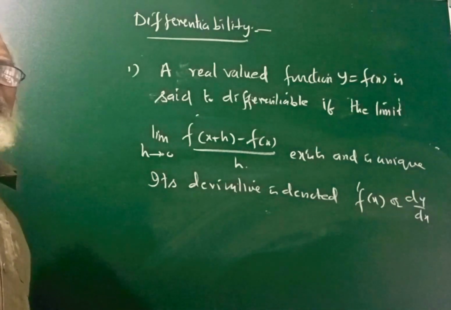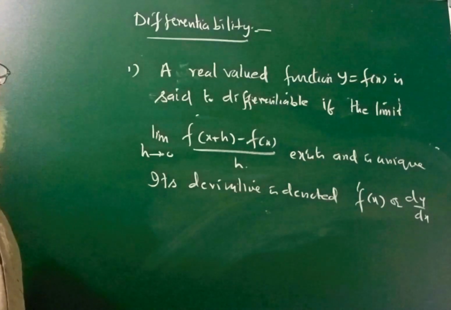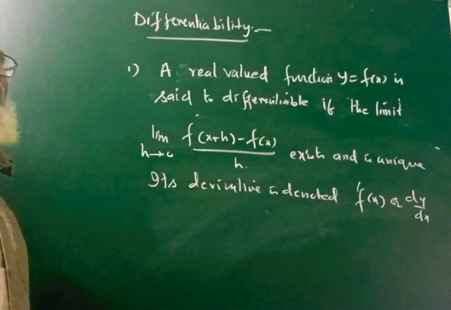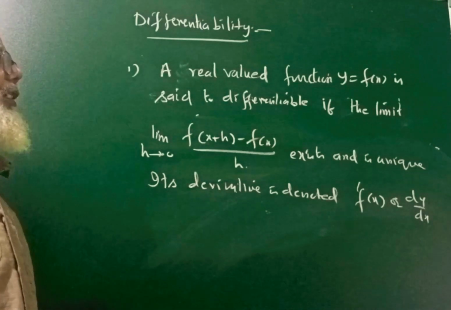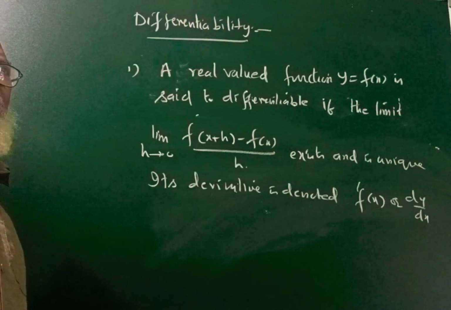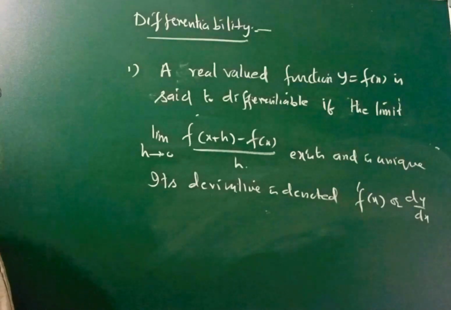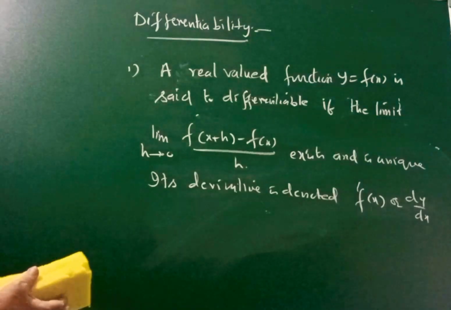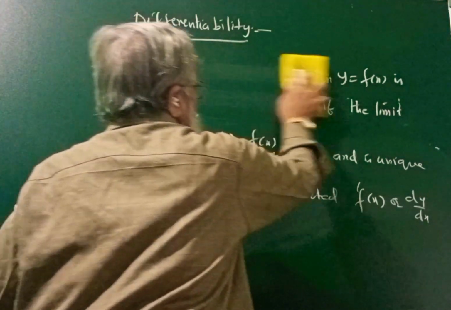We have one more definition, called the elaborated definition, as it was there in continuity also. The elaborated definition of differentiability says that the left hand derivative and right hand derivative must exist and be equal. So let us write the third one.